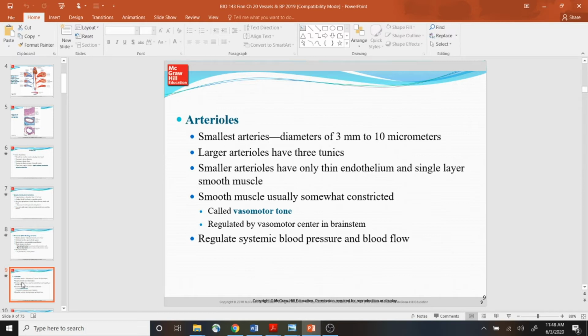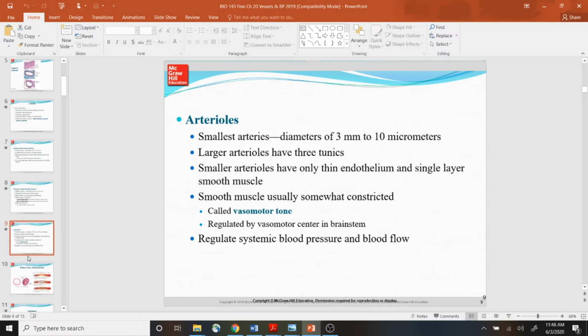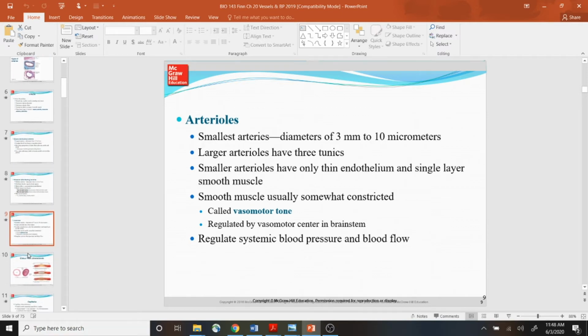If the smooth muscle relaxes, we get a little vasodilation. When we start to talk about the physiology in the chapter, and you think about how we regulate blood pressure by regulating the size of blood vessels, it's the arterioles that tend to be the workhorses of blood pressure. They play a very significant role in regulating our blood pressure.